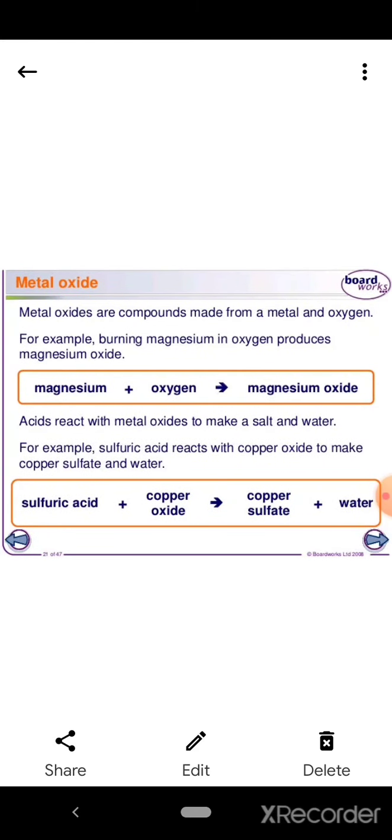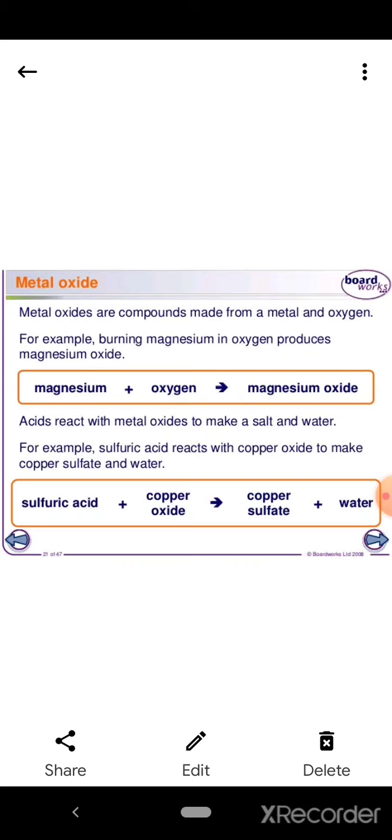Now see, we will consider the reaction of metallic oxides with acids. Metallic oxides or metal oxides are compounds that are made from a metal and oxygen. You can consider many examples of metallic oxides. Any metal when it reacts with oxygen gives you metal oxides like aluminium oxide, ferrous oxide, magnesium oxide.